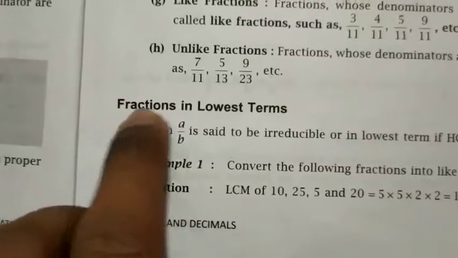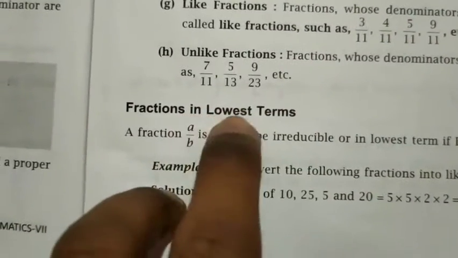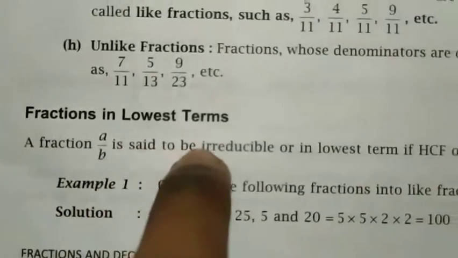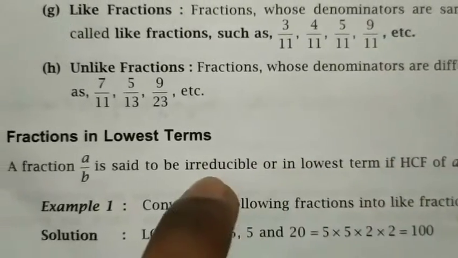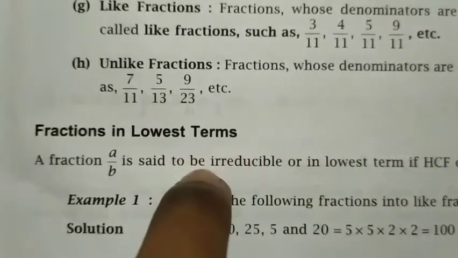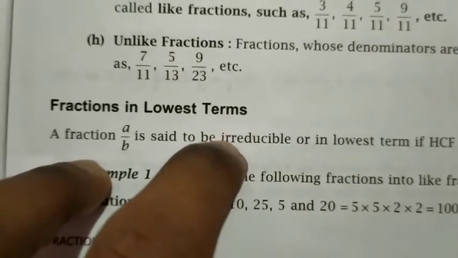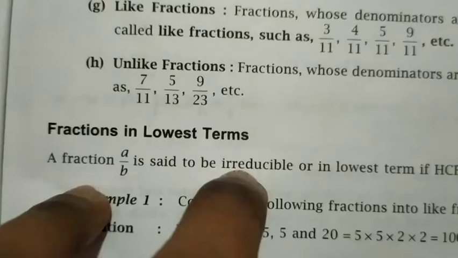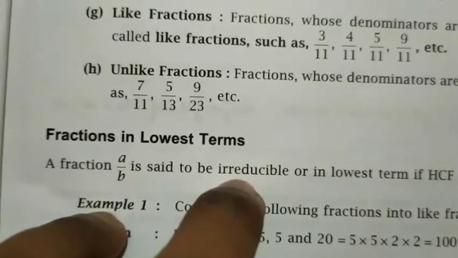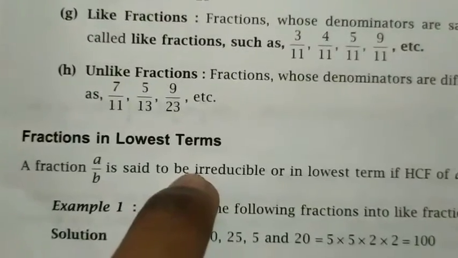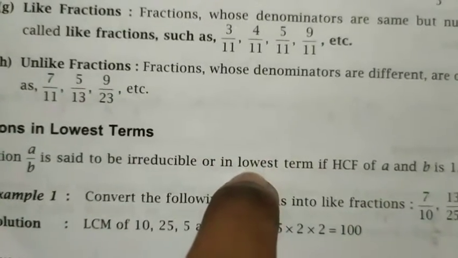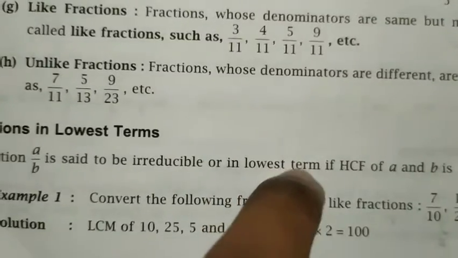This is a question-making topic. Here it is said fractions in lowest terms. You must notice this line: a fraction a upon b is said to be irreducible or in lowest terms. The word irreducible, here you can see the prefix ir has been put before the word reducible, means which cannot be reduced any further.